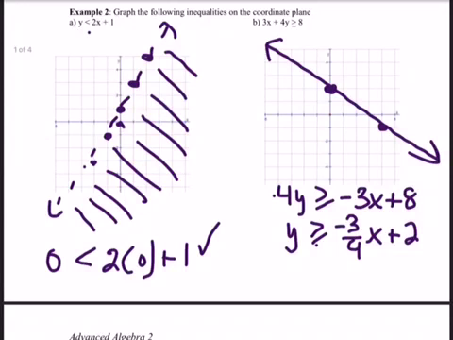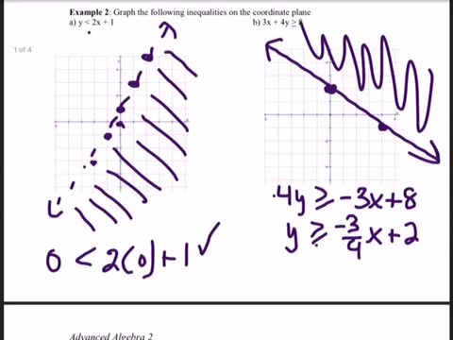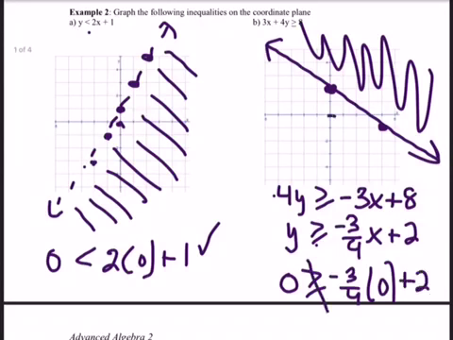Okay, so I have a solid line, and since it's y is greater than or equal to, that means I'm going to shade on the top side of the line. Or you can test by plugging in 0, 0 to see if it makes a true statement, which it does not. So since 0, 0 is over here and it's false, then I shade on the other side.